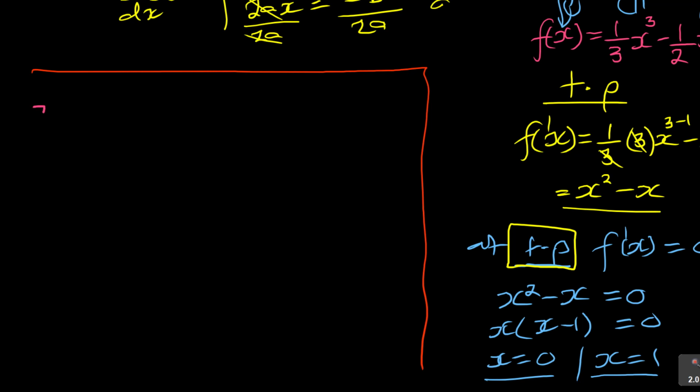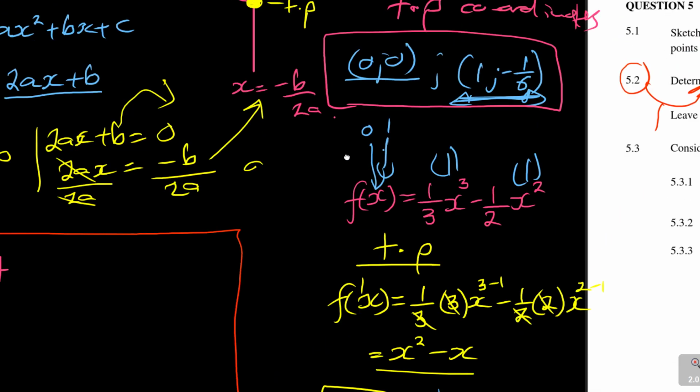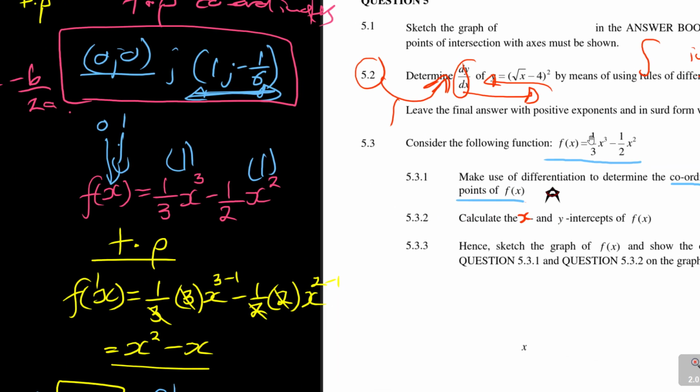Remember I said x-intercept. What happens when you say x-intercept? You must remember y is equal to 0. So when y is equal to 0, you come here on the original graph. That is your f of x.